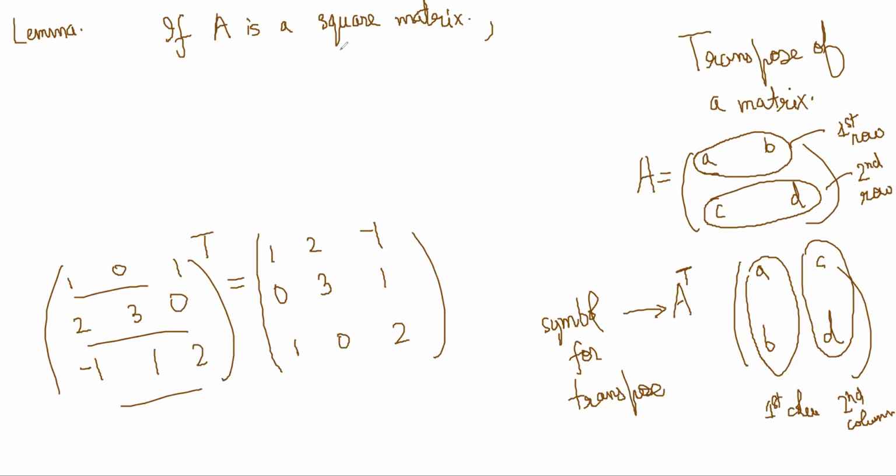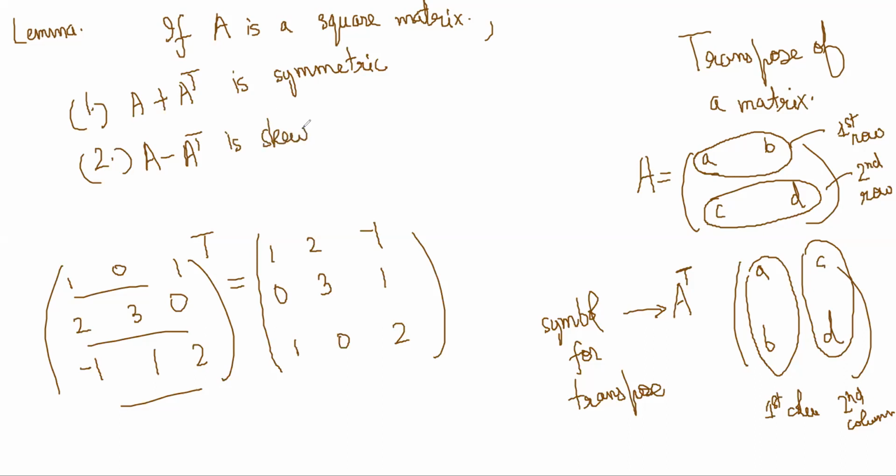So what I want to now show is that if A is a square matrix, then one, A plus A transpose is symmetric and A minus A transpose is skew symmetric. We want to prove this.